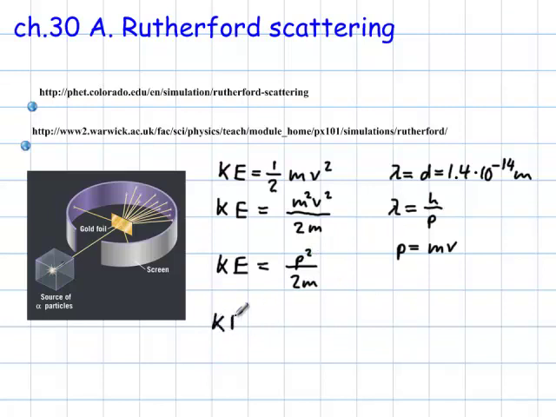So KE equals Planck's constant squared divided by twice the mass and the de Broglie wavelength squared. And if we keep everything in standard units, so lambda is given in meters, mass is given in kilograms.